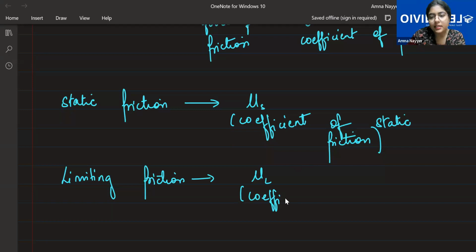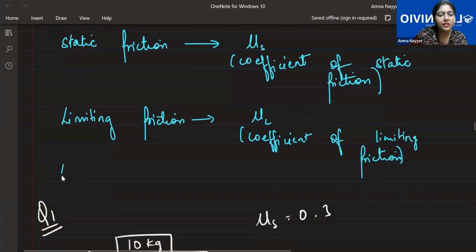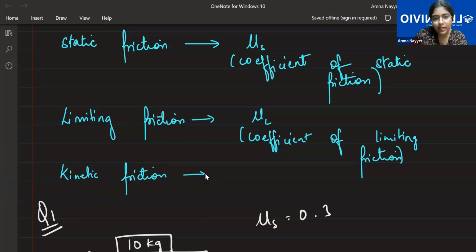Okay, so this is limiting friction. So this is the coefficient of limiting friction. So likewise, you will have the coefficient of kinetic friction. I've written all these three things together. We'll do everything separately. I'll rewrite them. But at least this should be clear to you. Mu K, mu L, mu S, these things are given to specify.